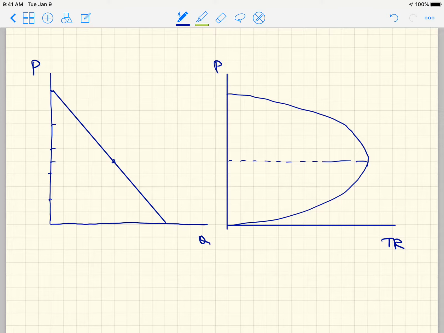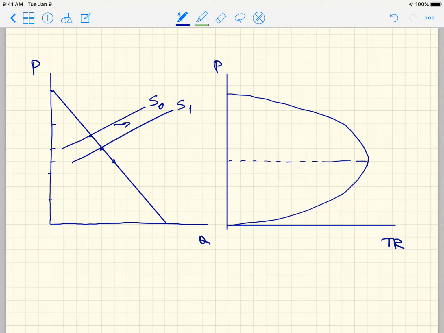Now, let's imagine that we have a given supply curve, and that brings us to a certain equilibrium. And so the original supply curve looks like this, and then let's say we have an increase in supply. So an increase in supply means a rightward shift in the supply curve. Hopefully you remember that. So what does it do to equilibrium price?